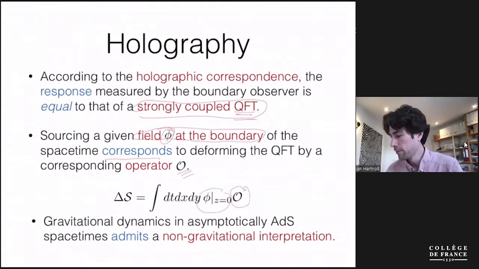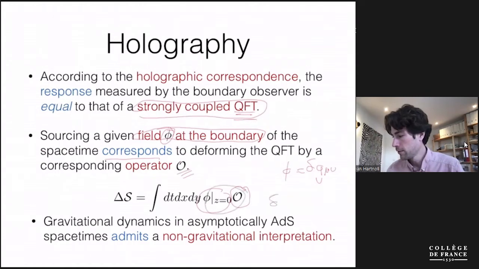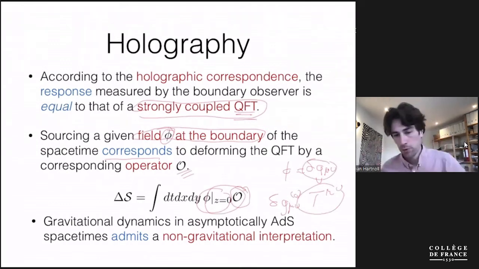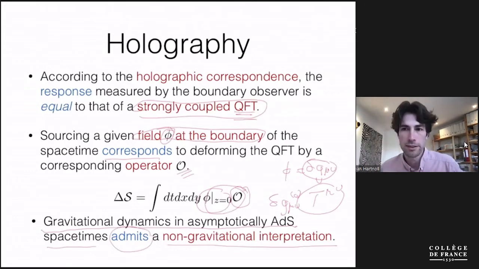So for example, if this field were the metric, so a deformation of the metric at the boundary of the space corresponds to deforming the field theory by the energy-momentum tensor, okay, which would be the operator dual to the metric. So the point of all this is that gravitational dynamics in asymptotically AdS spacetimes can be reinterpreted as a non-gravitational system.